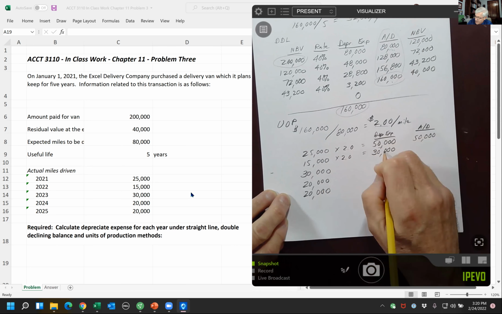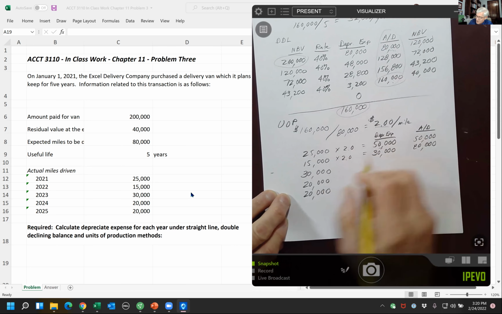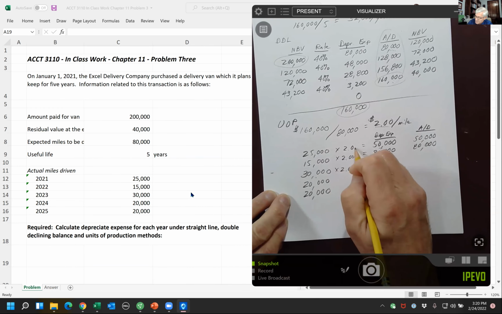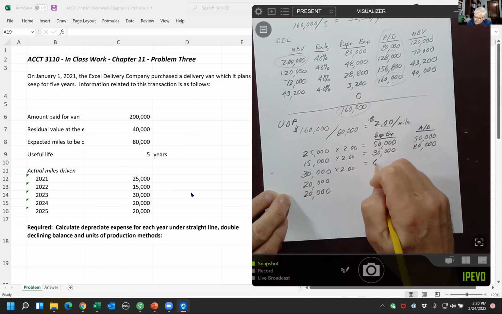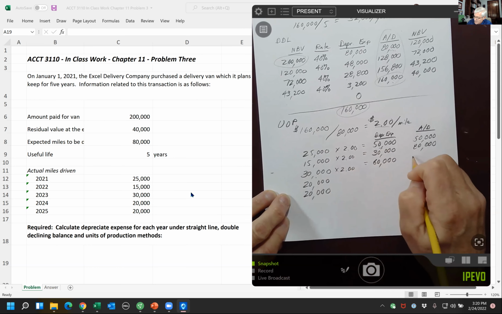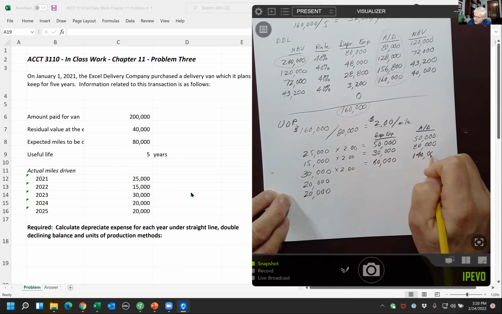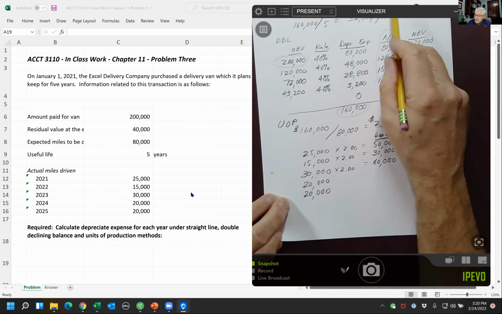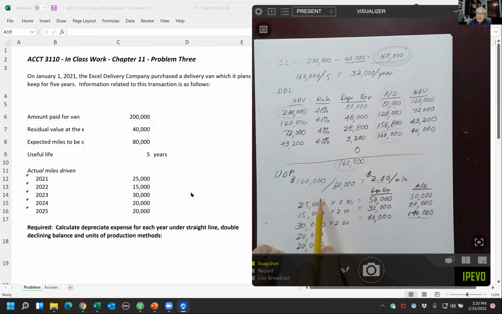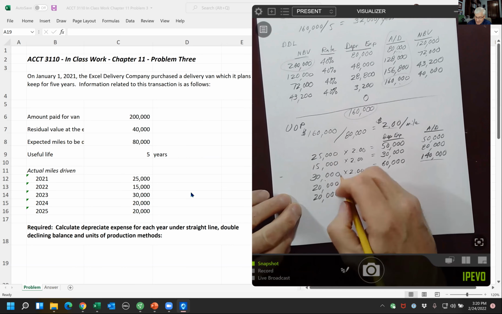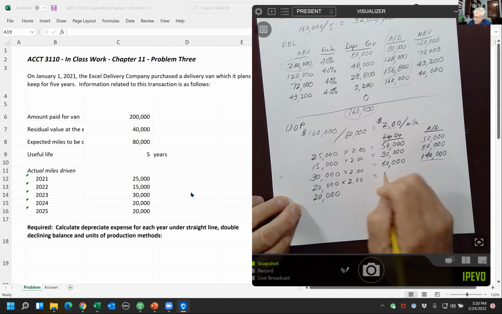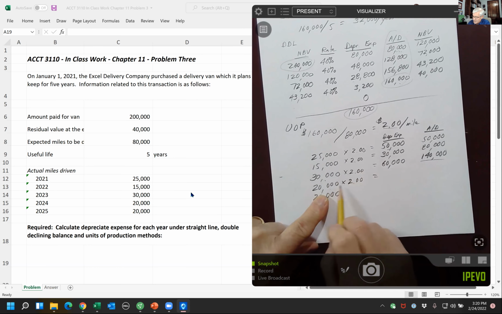30,000, now I'm at 80,000. In year three, we drove it 30,000 miles times $2 a mile. 60,000. So now look at this. I'm already up to 140,000 in accumulated depreciation. And I cannot go beyond 160,000. So $2 here would be 40,000.